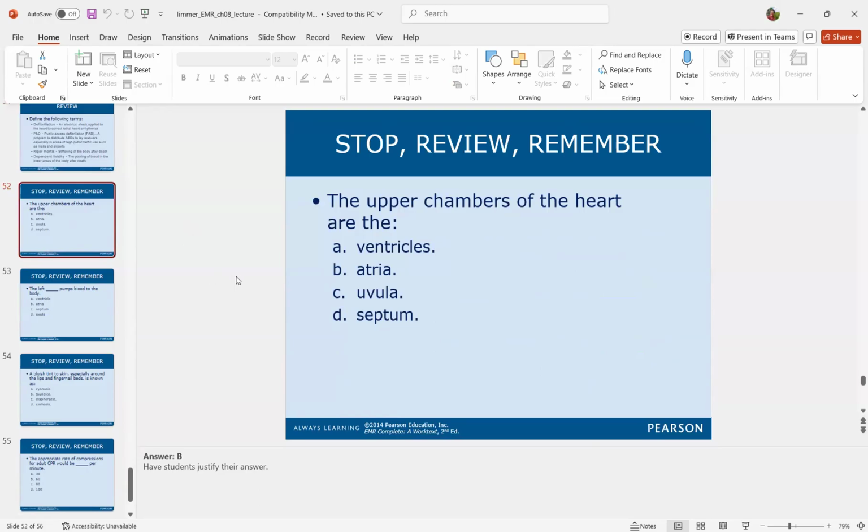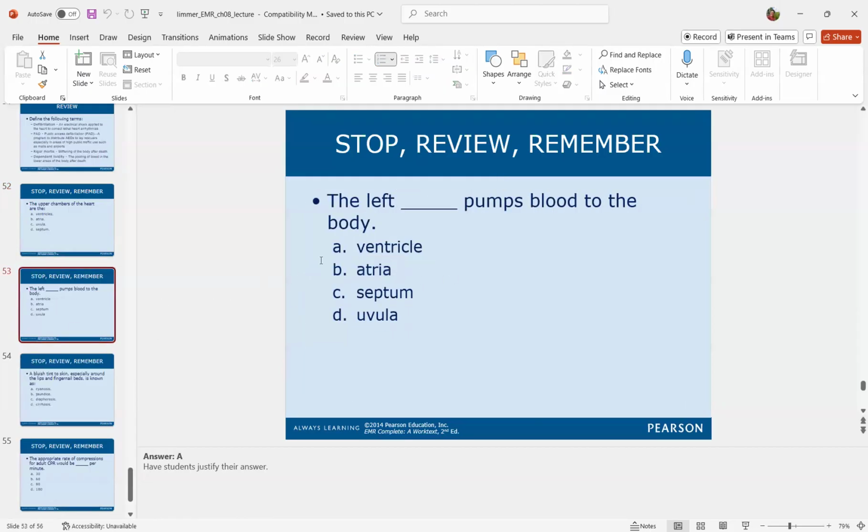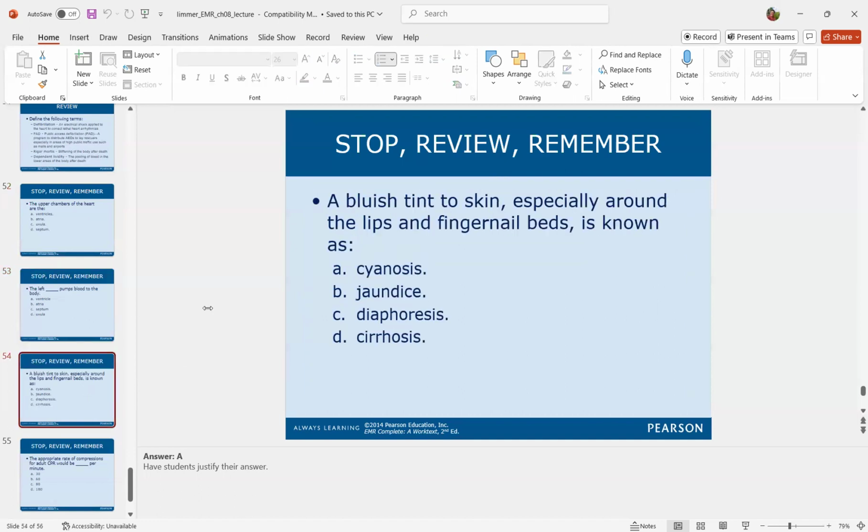The upper chambers of the heart. I know you guys all answered this right. Atria. The left ventricle pumps blood to the body. That's our workhorse. The bluish tint to skin, especially around the lips and fingernail beds, that's our cyanosis.